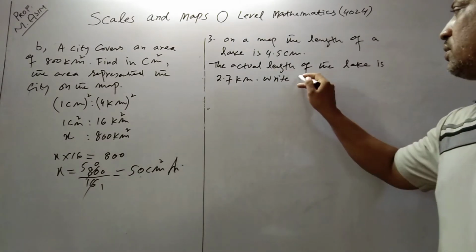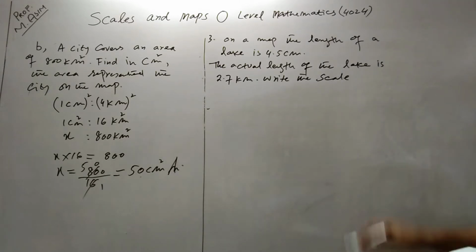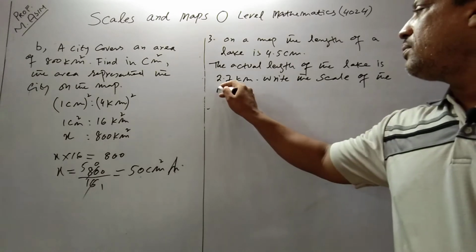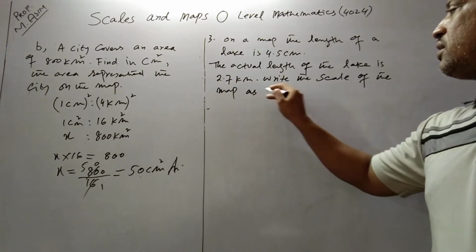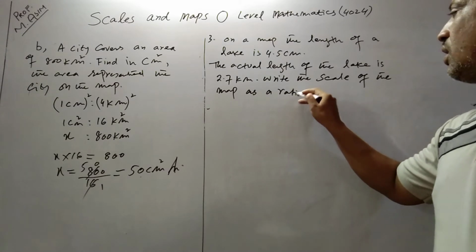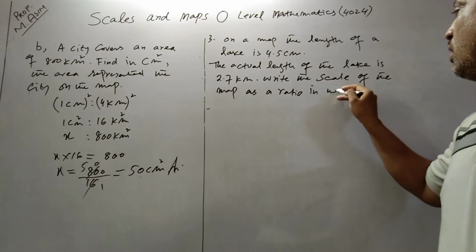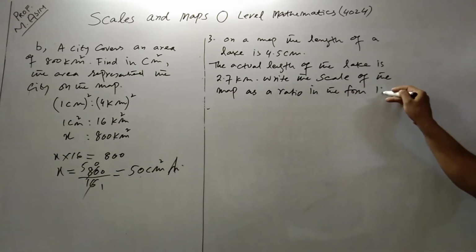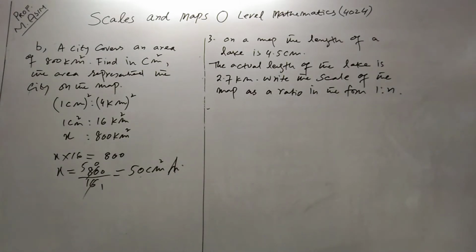Write the scale of the map as a ratio in the form 1:n. This is question number 3.